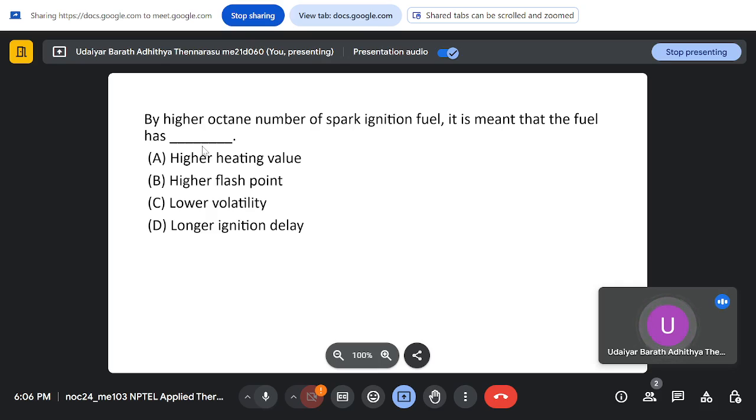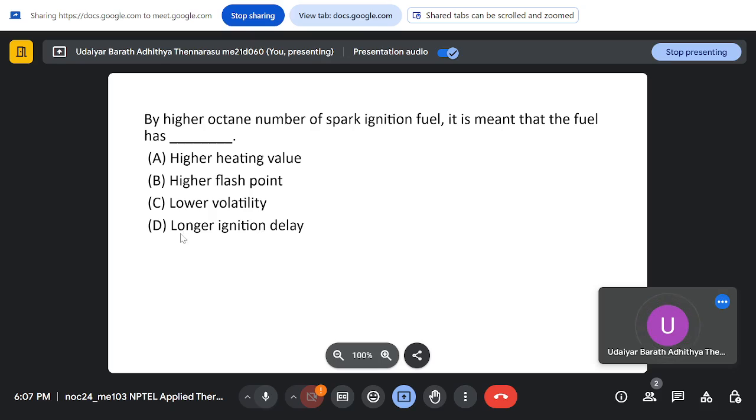Higher heating value we have already seen, and we also saw some numericals on how to calculate higher heating value based on the reaction, just the previous week. That doesn't signify any requirement on octane number. B, higher flash point, is where you get a flash out of the vapors of the fuel, and lower volatility is the evaporation rate, and D is longer ignition delay.